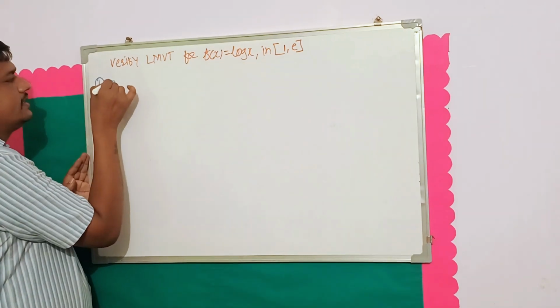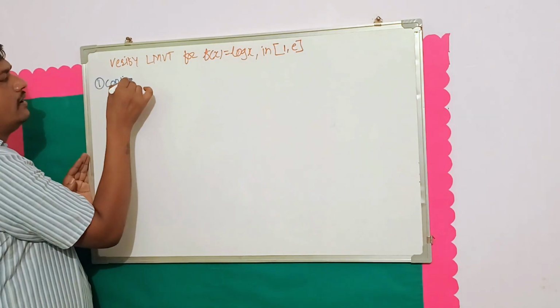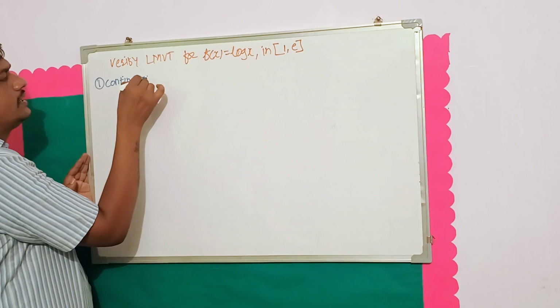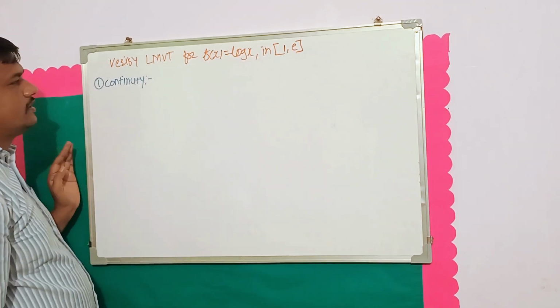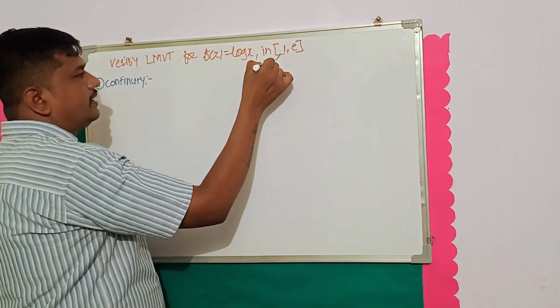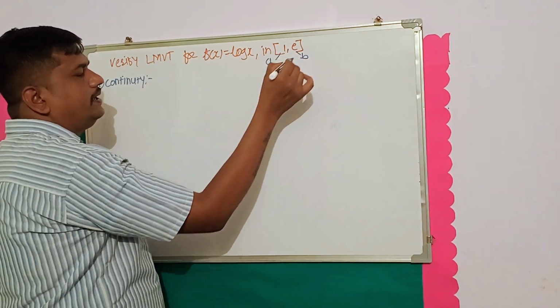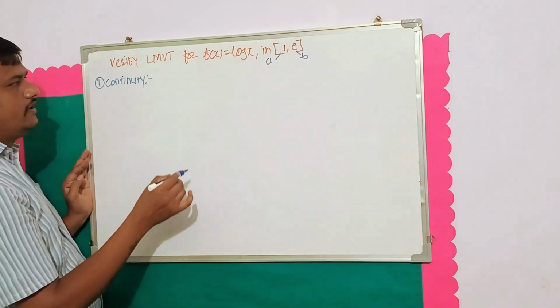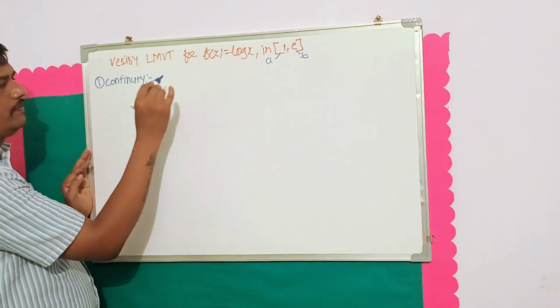That is, the first condition is about the continuity. To check the continuity, we have to first of all check. Here you can see that 1 is nothing but a, and e is nothing but b. So first of all we'll put the value of a.